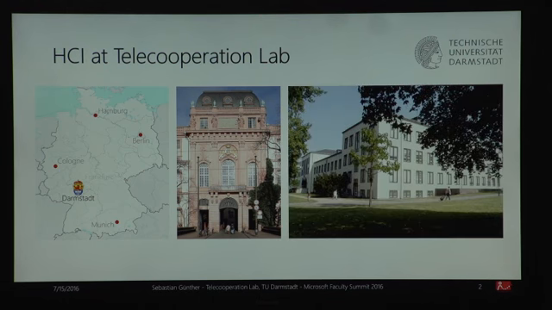And this is our computer science building. We have about 3,500 computer science students with 300 researchers and employees and about 30 professors. What I've highlighted here are the rooms of our telecooperation group, which is under the lead of Professor Max Mühlhäuser.